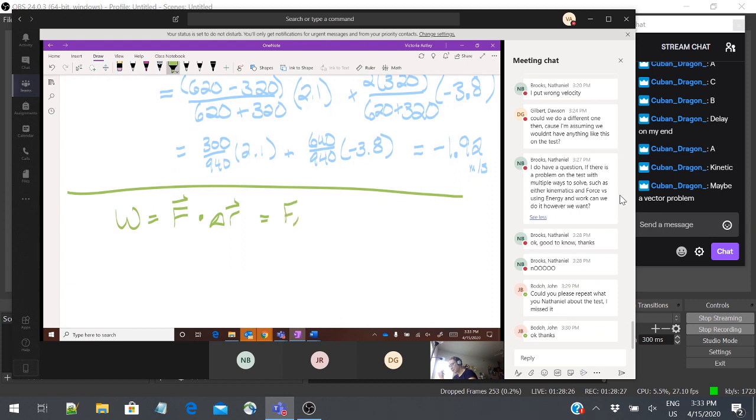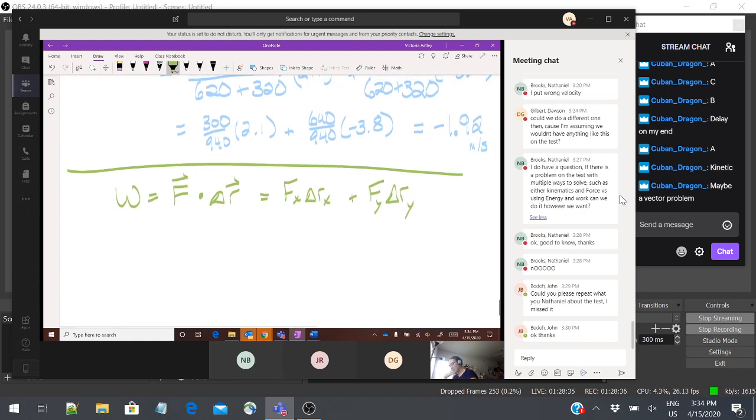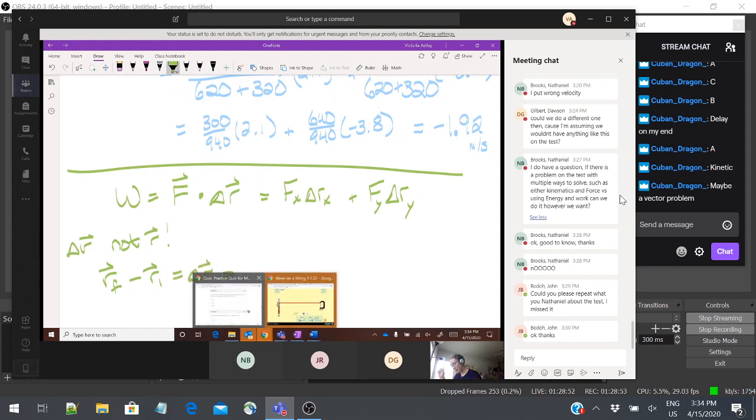When we have vectors, it's x components plus y components multiplied together. And note, we have to make sure that it is delta R, not R. So they give us R, but it's from the origin. So we end up getting delta R is the same value, but might not be that way.